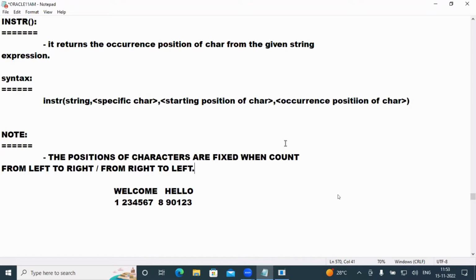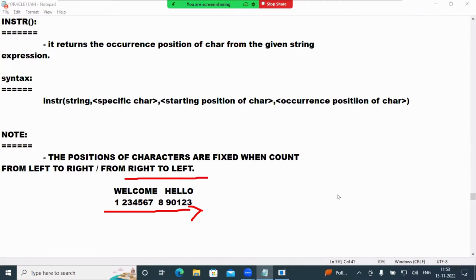So what I'm saying is, counting from left to right gives the same positions, and counting from right to left gives the same positions.